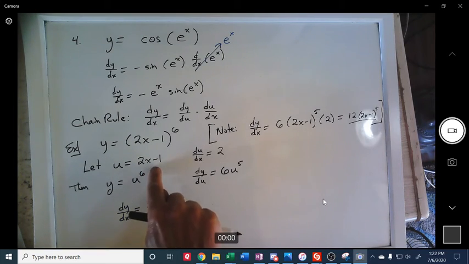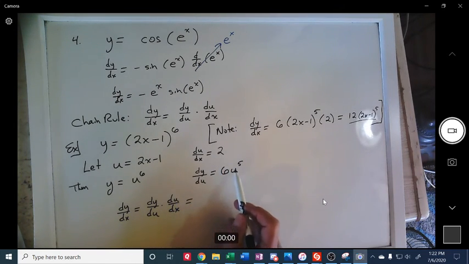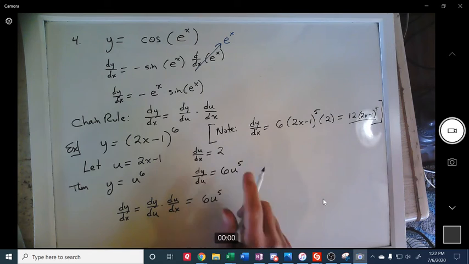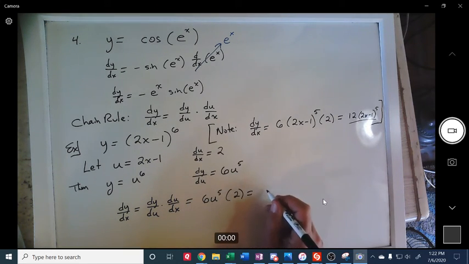And it was convenient to make it be the inner function. And then he replaces dy du with 6u to the 5th, replaces du dx with this 2, and he gets 12u to the 5th.